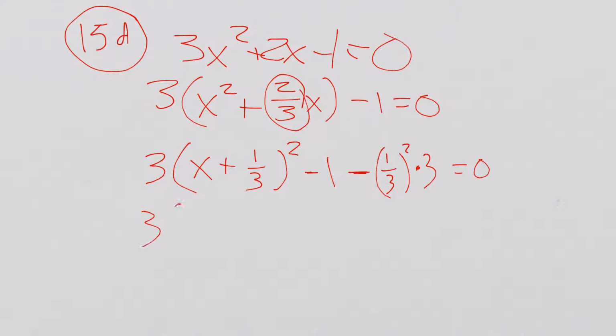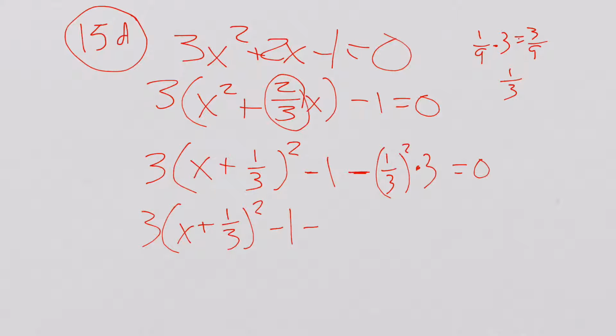So 3 times x plus 1/3 squared minus 1 minus what? Well, 1/3 squared is 1/9. Square each piece. 1/9 times 3 is the same as 3/9, and 3/9 is the same as 1/3.